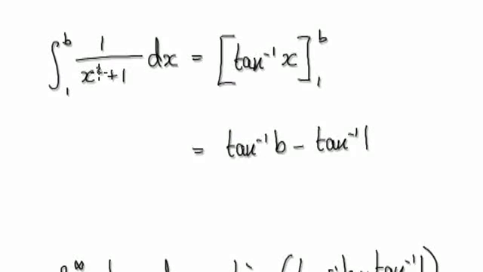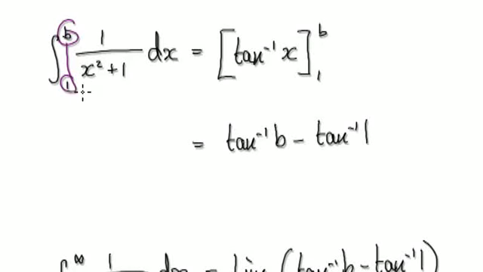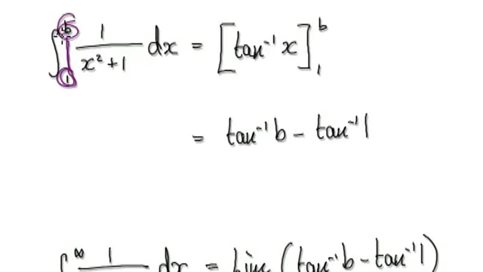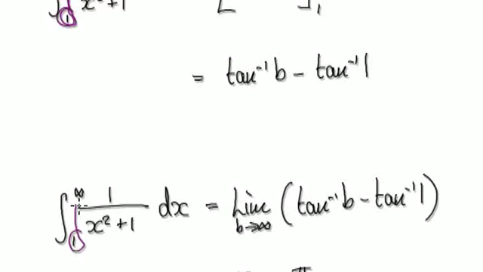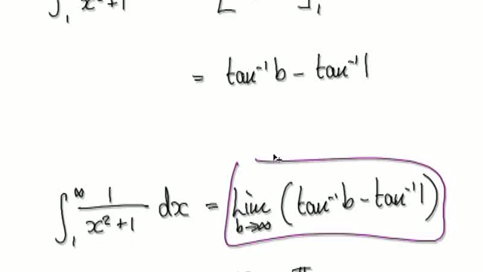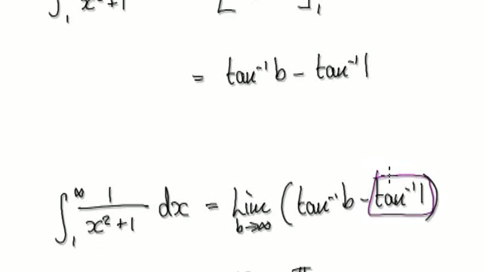The minute you take the limit as b heads towards infinity, rather than 1 to b, it's going to be 1 to infinity. Looking at this, inverse tan of 1 is going to be a number. It's not going to diverge.